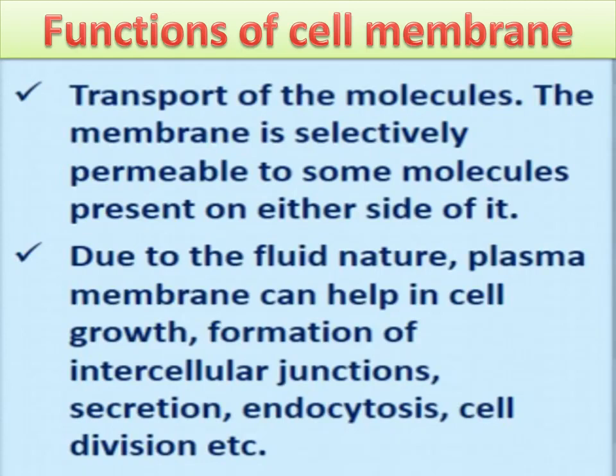Endocytosis means cell drinking and cell eating. Some substances can be engulfed by a cell, so that type of movement through the plasma membrane is called endocytosis. And due to the fluid nature of plasma membrane, endocytosis, secretion, cell division, all these are possible.